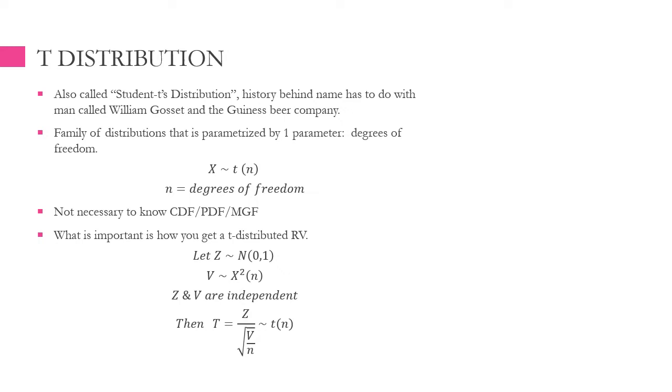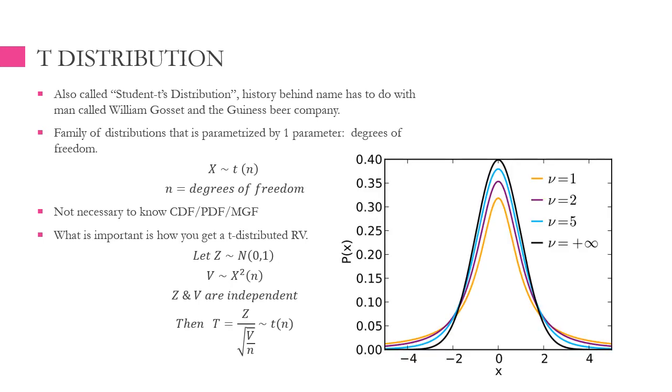I just want to quickly show you what a t-distribution looks like. It's very closely related to a normal, and by closely related, I mean it looks like a normal distribution. It just has fatter tails, which means basically there's more probability that things are in the tails of the distribution. Here v is the number of degrees of freedom.